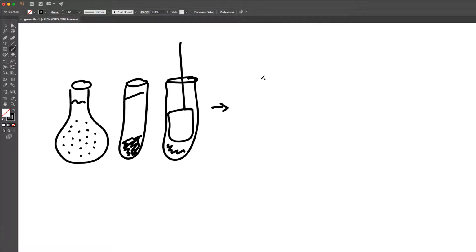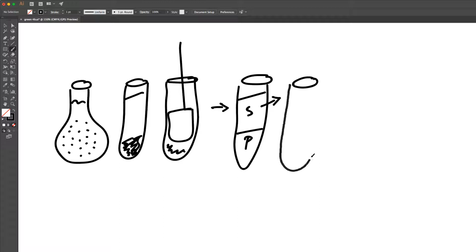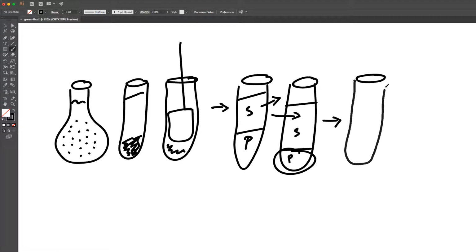Then they say they spin it at low speed, so they generate a pellet and a supernatant, and they say that they take the supernatant and then they spin that supernatant at higher speed, and that generates a pellet and a soup, and they take the pellet and ultimately, after more centrifugation steps, they put it over something similar to the sucrose density gradients that we talked about for organelle isolation from squid giant axons, except instead of using sucrose, they used fancy stuff called Ficoll.